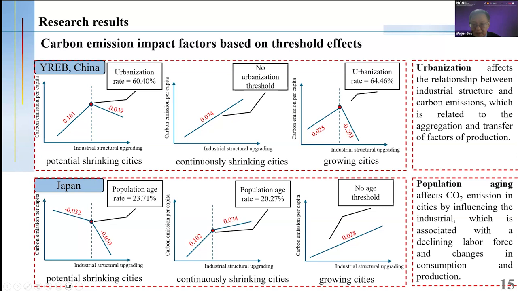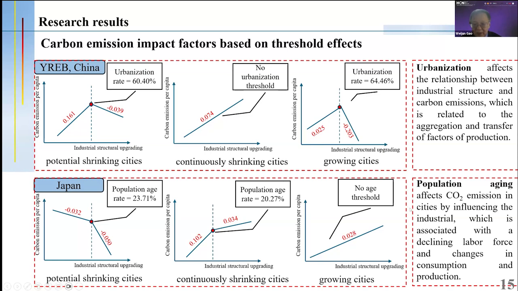In Japan, in continuously shrinking cities, the aging rate is the main factor. The population aging rate, for example, is 20%.